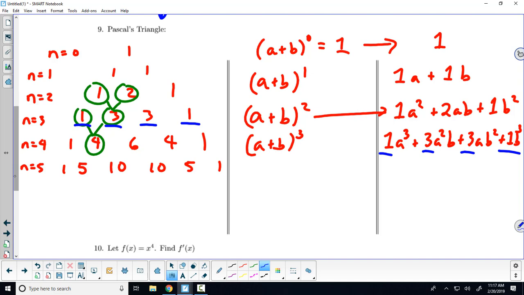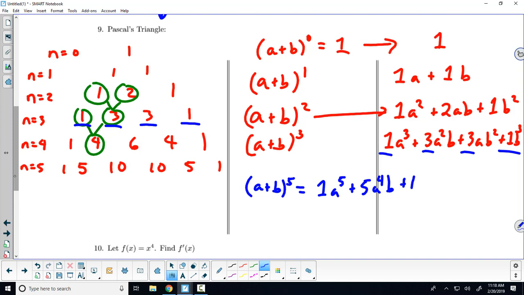That's really handy. That means that if I asked you to take a plus b to the 5th power, you could do that really quickly. It would be 1a to the 5th plus 5a to the 4th b. What's happening to the powers? You start with a to the 5th, it decreases by 1, while the powers of b increase by 1 each time, right?